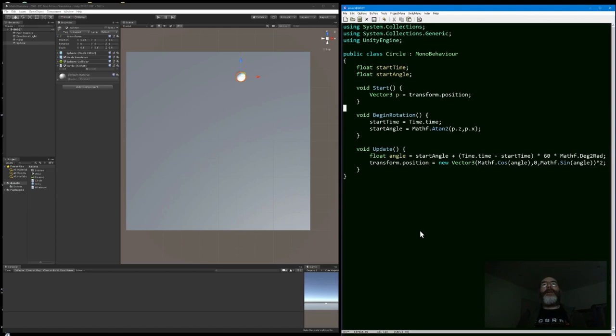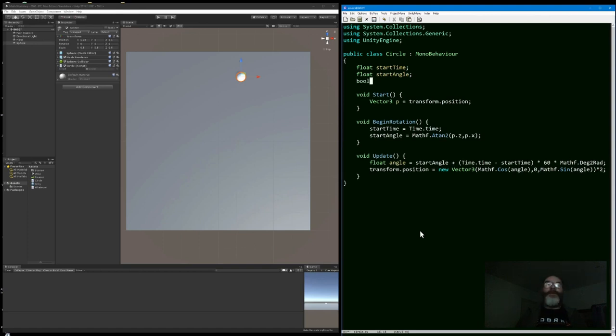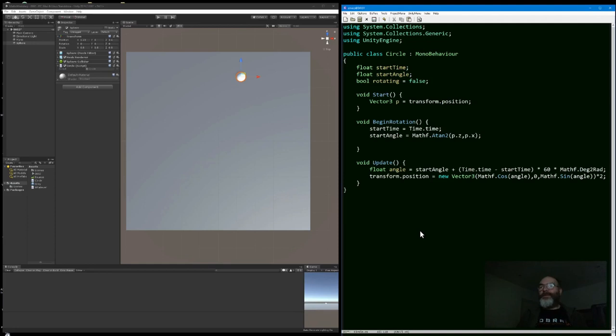And then I probably want to know if I'm rotating or not. This all gets a bit messy, but you know, whatever. What can you do? We'll do bool rotating, which is obviously going to be false at the beginning, and then when we begin the rotation, we set the start time, we set the start angle, and we set rotating equal true.